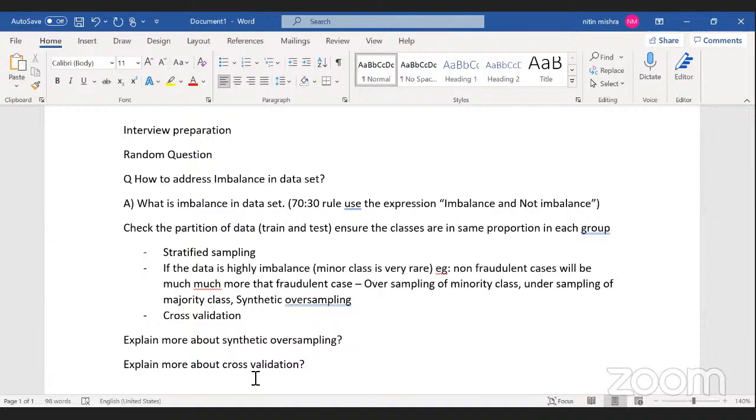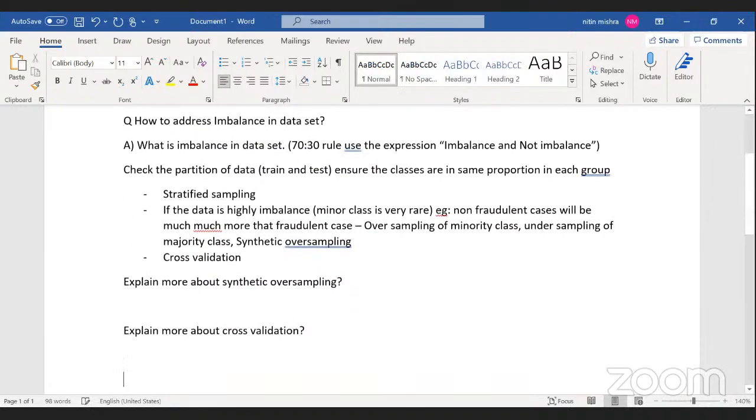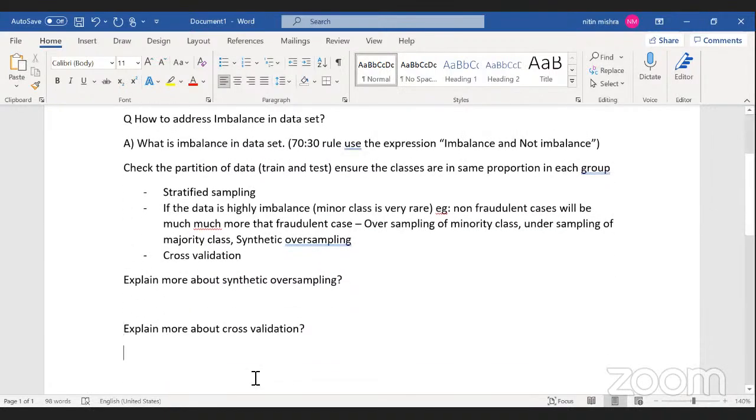Okay, now let us address one by one. So what is cross validation? I'll come back to oversampling in a moment.